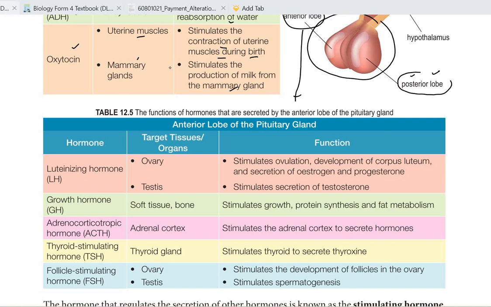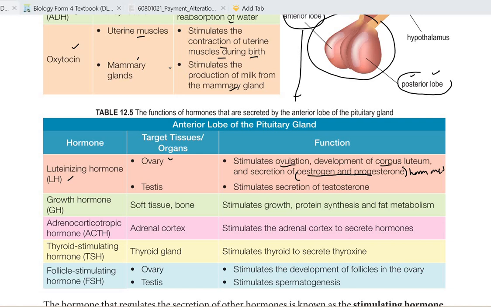The first hormone is luteinizing hormone, LH. The target tissue is the ovary. In the ovary it stimulates ovulation, development of the corpus luteum, and secretion of estrogen and progesterone. These two are also hormones. This is related to the development of the ovum. Later in chapter 15, we are going to learn this.